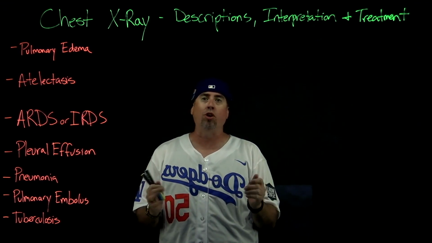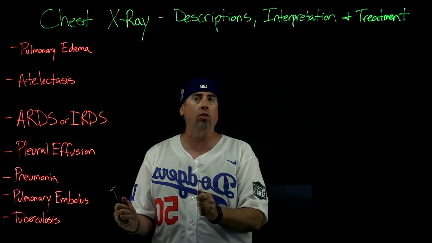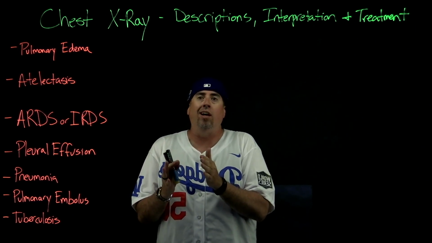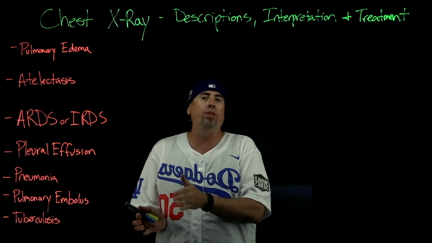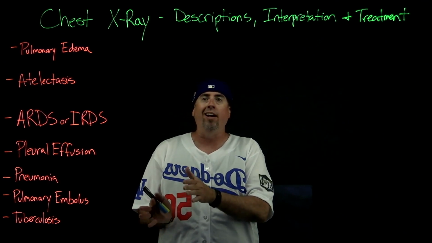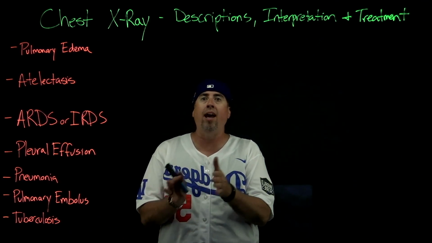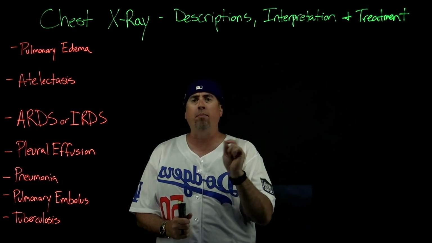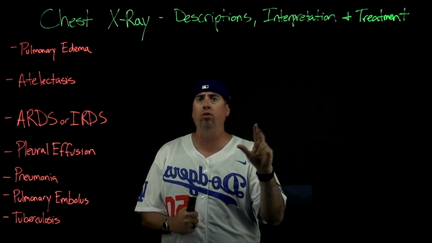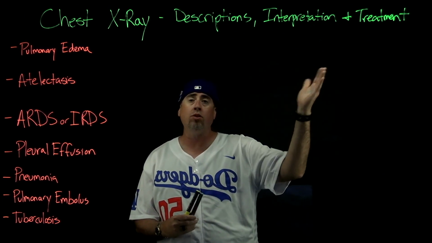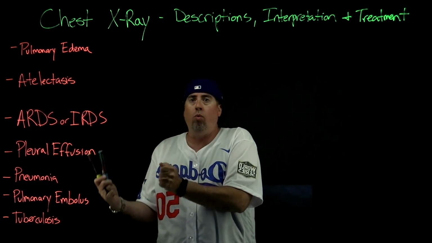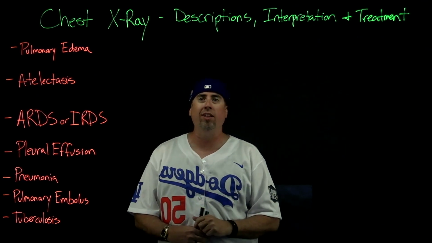Once we interpret a film or we see descriptive language in a test, board exam, therapist multiple choice, or a clinical simulation exam, they might be using descriptive terms. So we did a part 2 to break that down, and we can combine this with the part 1 video and also get some treatments.